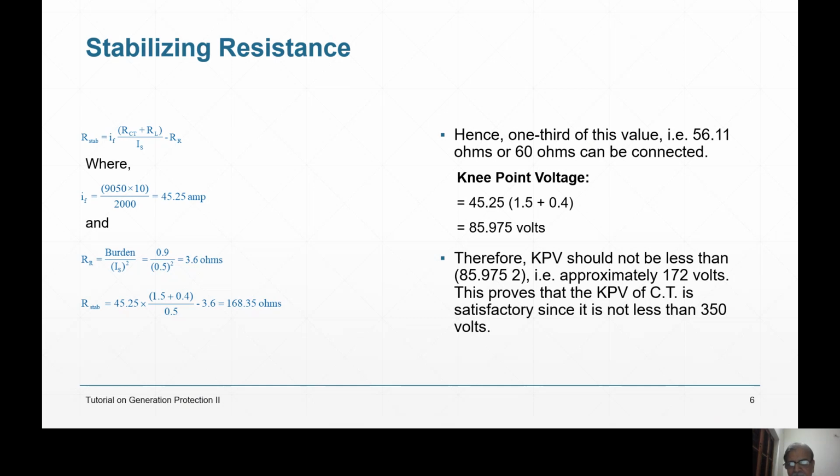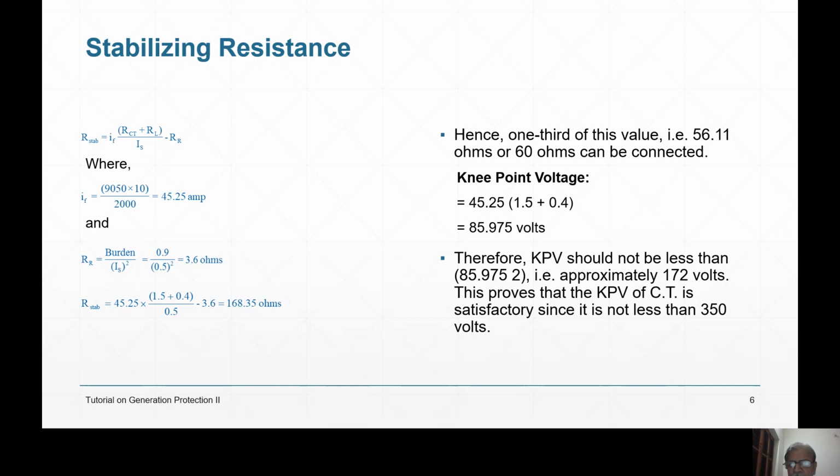That was our business. And knee point voltage of the CT should be 2 VR. VR is 45.25, that is the fault current, 1.5 plus 0.4, RCT plus RL, 85.975. And your KPV should be 85.975 into 2.